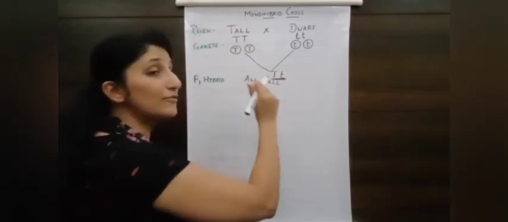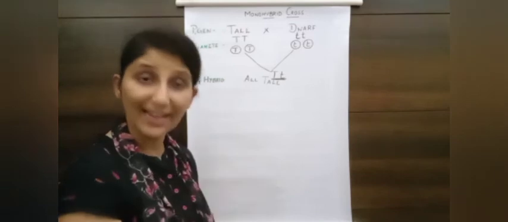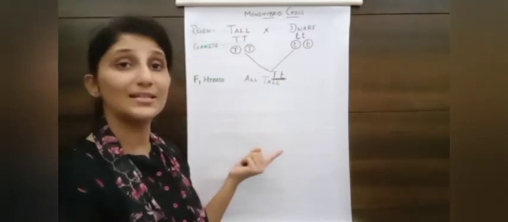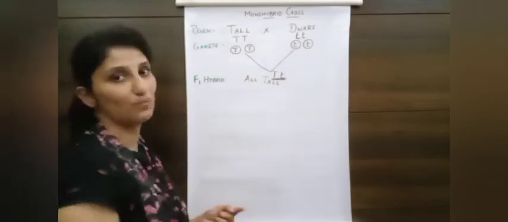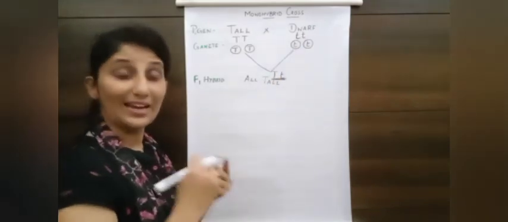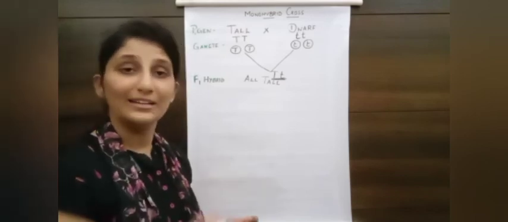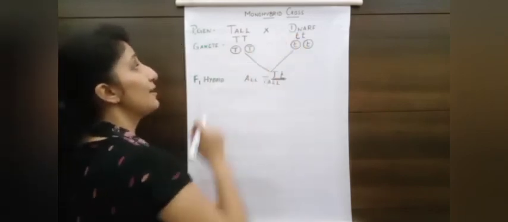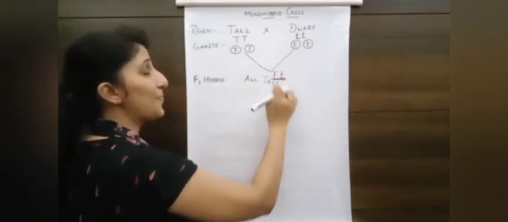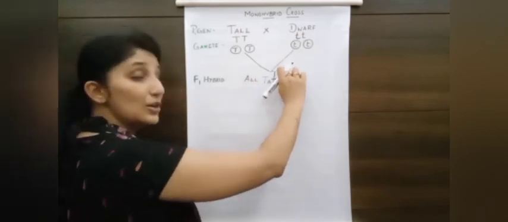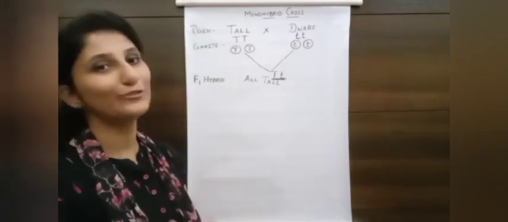One member of the pair dominates the other. Who is dominating over here? Who is getting expressed? The tallness. Tallness is represented by capital T. So capital T dominates small t. Is it clear? That is called the law of dominance. Characters are controlled by discrete units called factors. Factors occur in pairs. In a dissimilar pair of factors, one member of the pair dominates the other. Is it clear? And that is called the law of dominance.